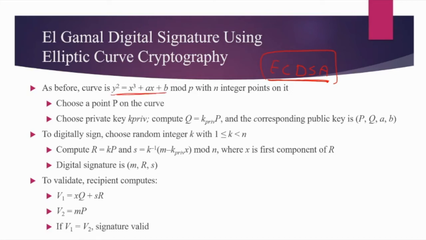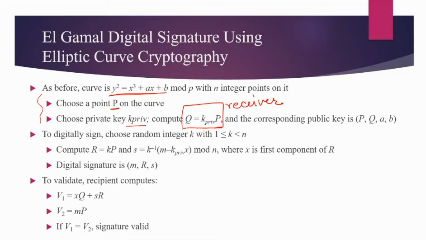Elliptic curves are these curves, as you remember from our last videos. To create a signature based on an elliptic curve, you have to choose a point P on the elliptic curve. Then you choose a private key and compute Q, which becomes the public key of the receiver: K private times P. This is what happens at the receiver end.